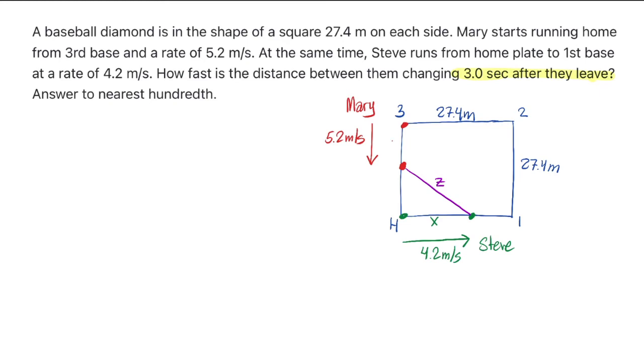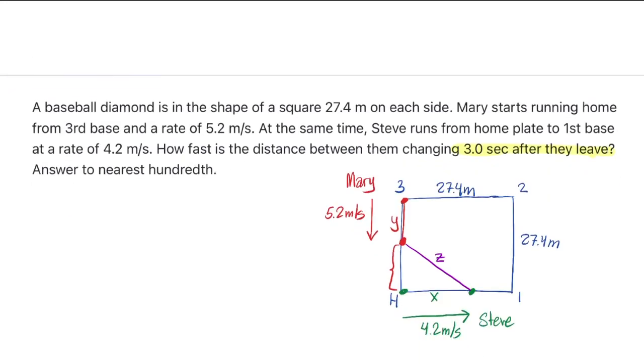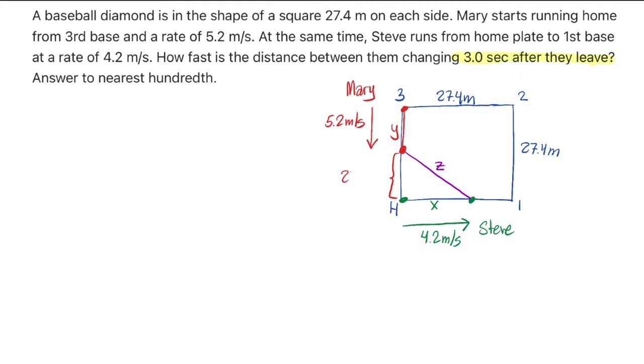So we're going to label this here Y. So from her starting position down to where she is after 3 seconds, that's going to be labeled as distance Y. And that will mean that after 3 seconds, the remaining distance that Mary has to home base is going to be 27.4 meters, because that's the length of that whole side. So 27.4 meters minus Y, the distance she has run. So at this point, we end up with the right triangle here, like this.